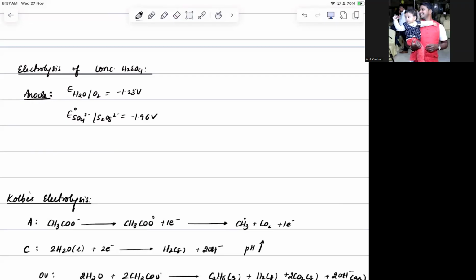Now, although this value is less compared to water, because the quantity of water is less here, the majority of the product will be this one. A very small quantity will happen here, but the majority will be this one.